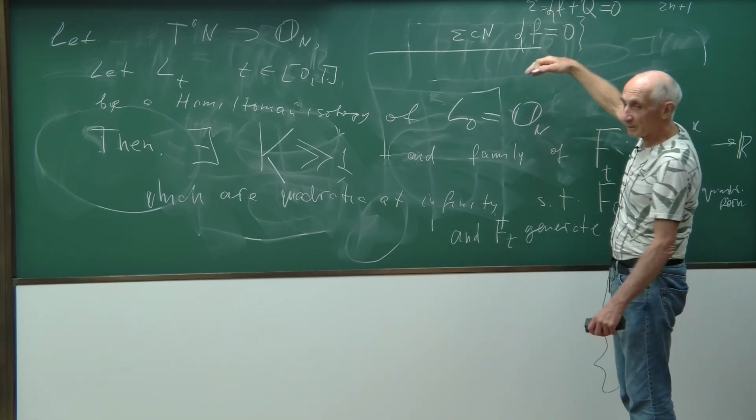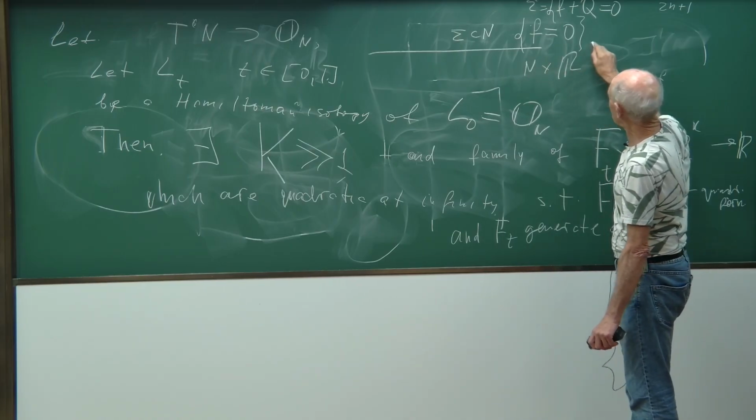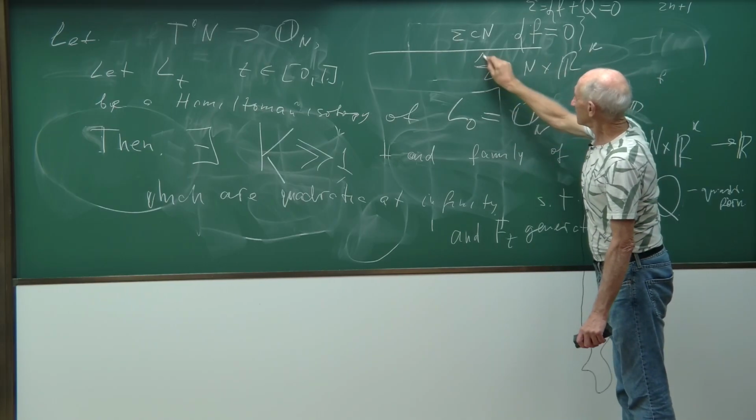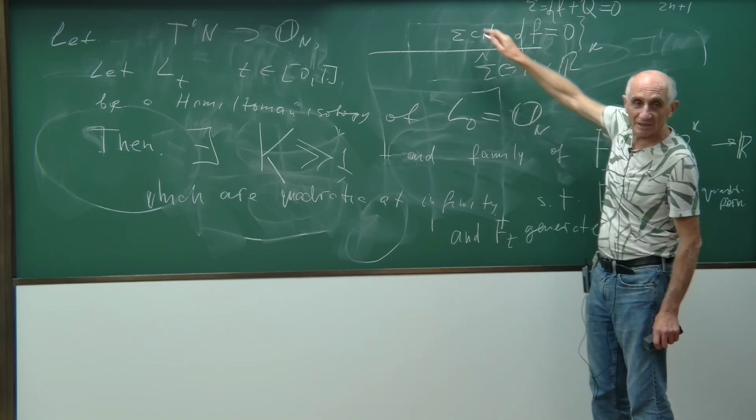And then you get a hypersurface in N cross R^k. You get some kind of stabilized hypersurface there, and we call this hypersurface the quadratic stabilization.